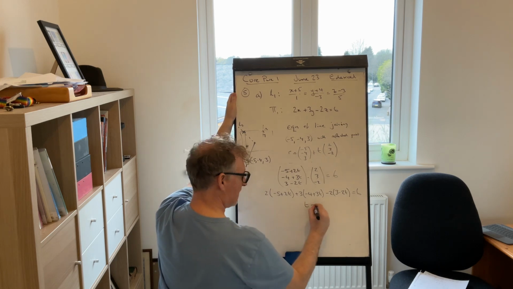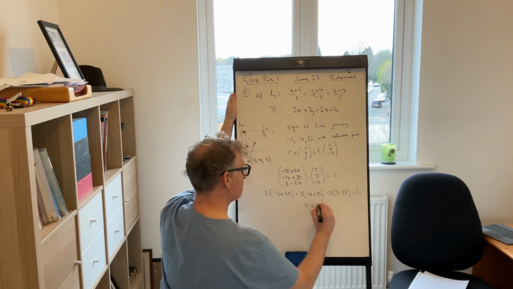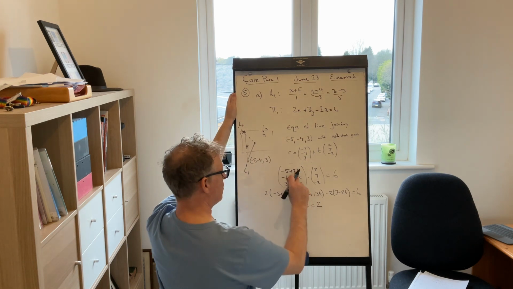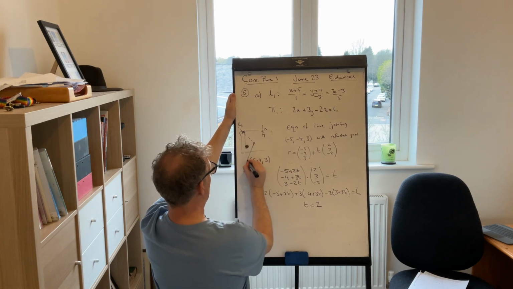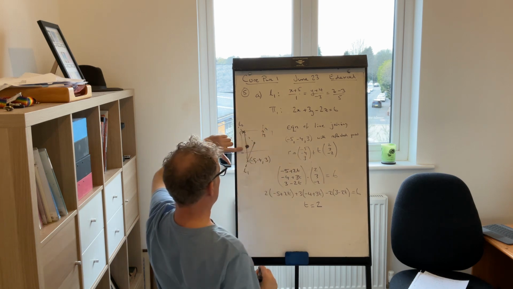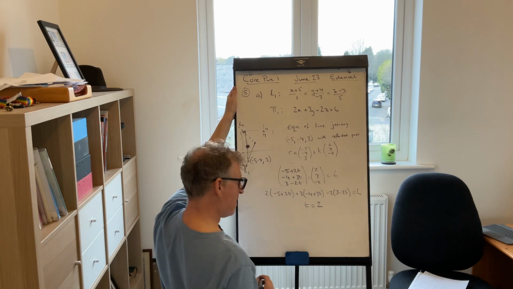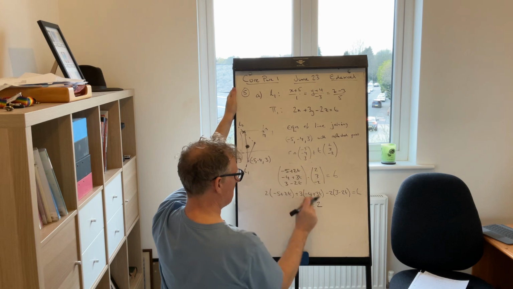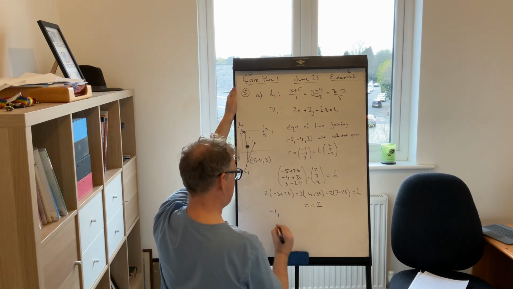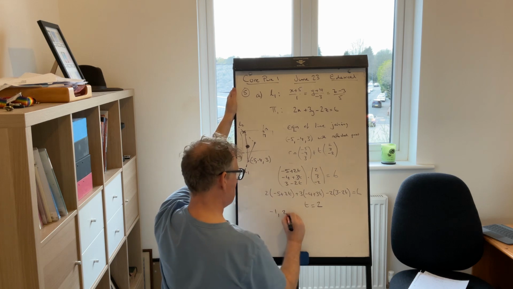And I worked that out to be, what did I make t equal to? I made it equal to 2. So putting 2 in there, this point where the line joining that with its mirror hits the plane: I get -5 plus 2 times 2, so that's -1. -4 plus 3 times 2 gives me 2.